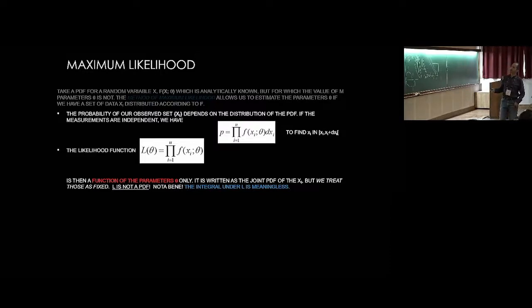But then what you do with these P's is that you can consider them to be a function of the parameters. So the likelihood function is a function of the parameters of the PDF. And it's only possible to write a likelihood function once you have the data.